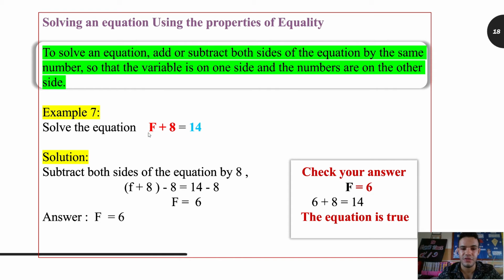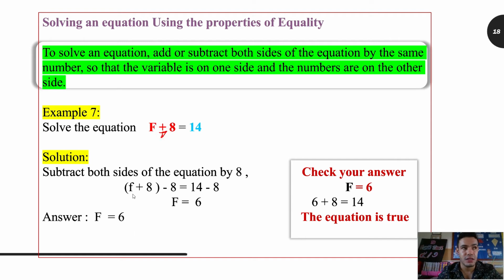Here is an example. So here we have f plus 8 equals 14, right? If you want to solve it, we're going to subtract 8 from both sides of the equation. Why are we going to subtract 8? Because here we've got plus. If we subtract it, we're going to have only f left.